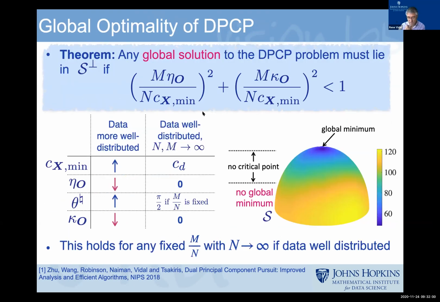Now we want that argument squared plus a second term to be less than 1. If this quantity is less than 1, then any global solution to the DPCP problem must be orthogonal to the true subspace. So this essentially says that we have a good formulation for the problem.